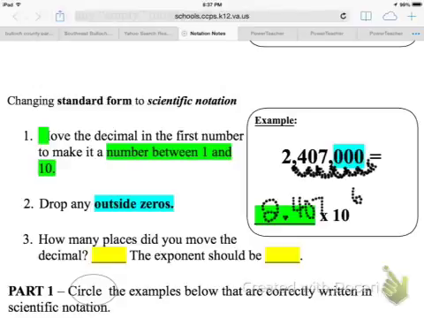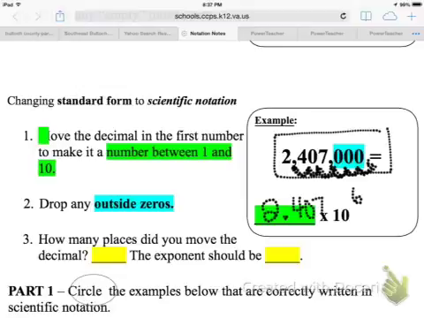When the exponent was negative, remember, it formed a fraction. So since my original number is greater than 1 whole, that lets me know that my exponent needs to stay positive. Now, had my number been a decimal, then my exponent would have needed to be negative.